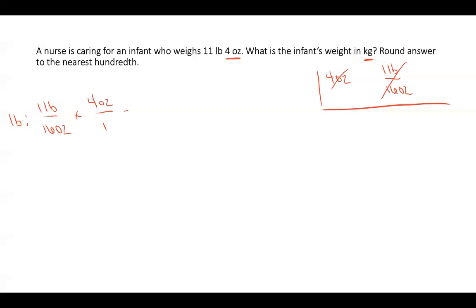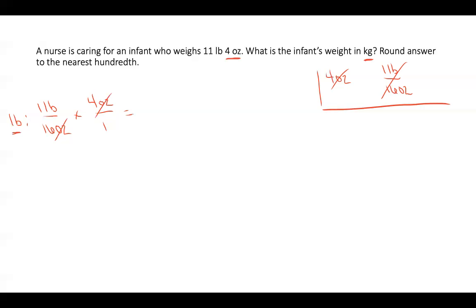So always cancel like units of measure. I had ounces in the numerator and ounces in the denominator, so I was able to cancel. And the only unit of measure that I'm left with is pounds, which matches what I'm looking for. Since it matches what I'm looking for, that is my indicator that I am done setting this problem up.